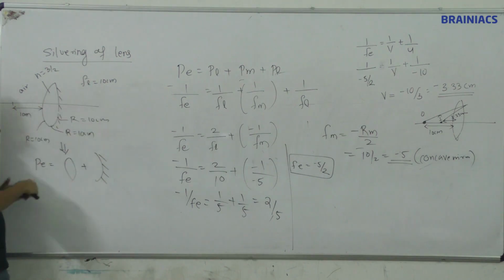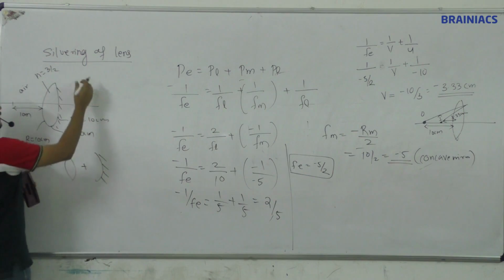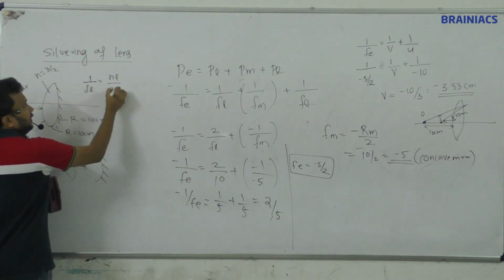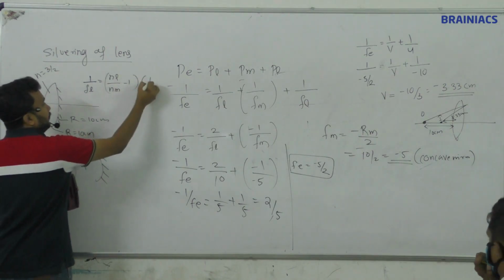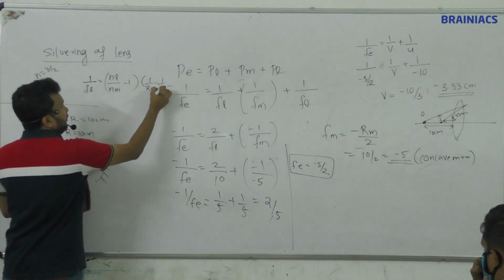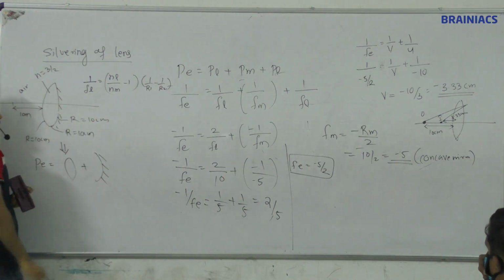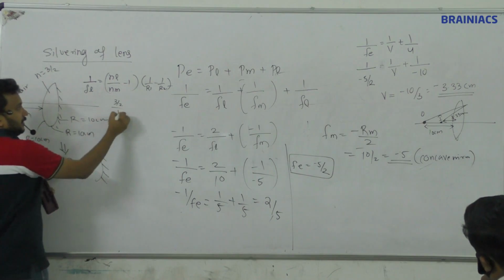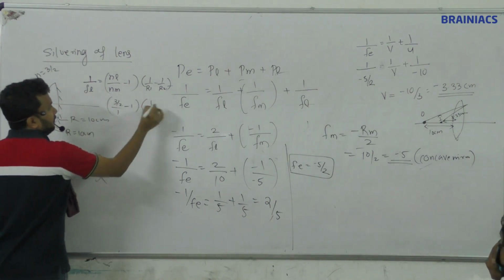Sometimes if this focal length is not given, you will apply the formula 1 by FL equal to NL divided by NM minus 1 into 1 by R1 minus 1 by R2. We'll just substitute. NL is 3 by 2 divided by 1, minus 1, into 1 divided by R1.